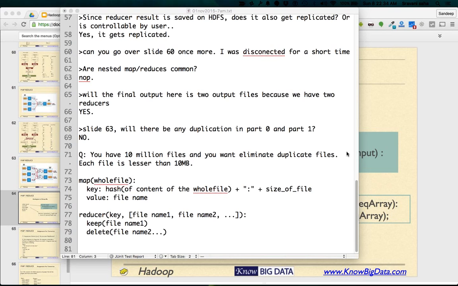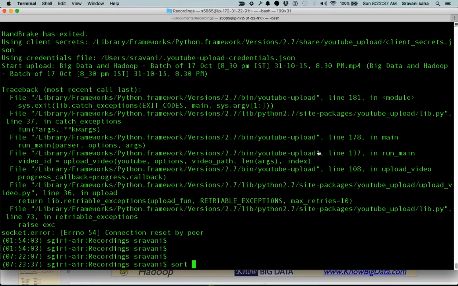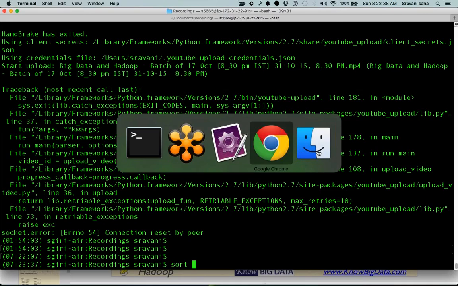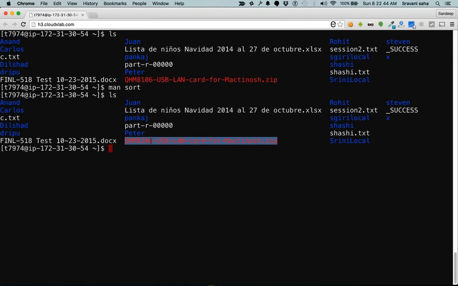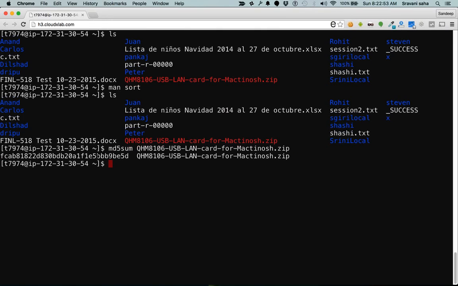So hash is a way of computing a signature. Now let me show you. Let's say here is a file. Do you see the file? This is a zip file and I want to compute the signature of this one. So I can say MD5 checksum and compute it. Do you see the signature? This is the signature.